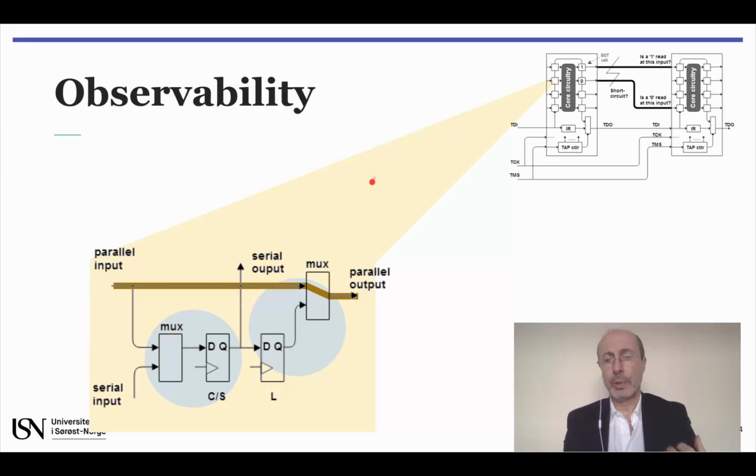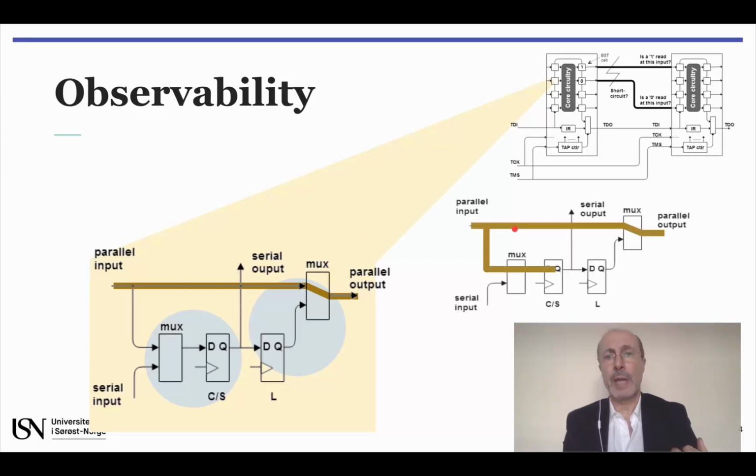If the input multiplexer is set to capture mode, as shown now in the slide, the flip-flop in the input stage will capture the logic value that is present at the parallel input at the next rising edge of the test clock. All the cells operate in the same mode and they all receive the same test clock.